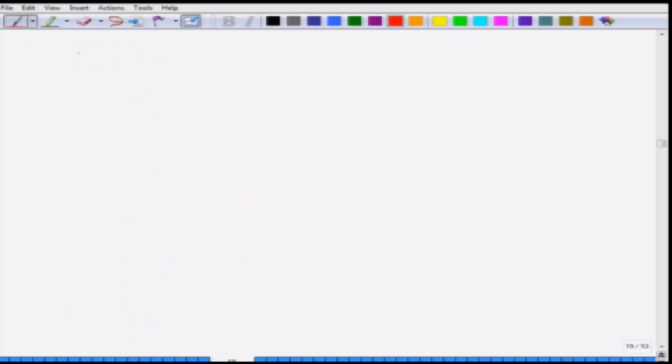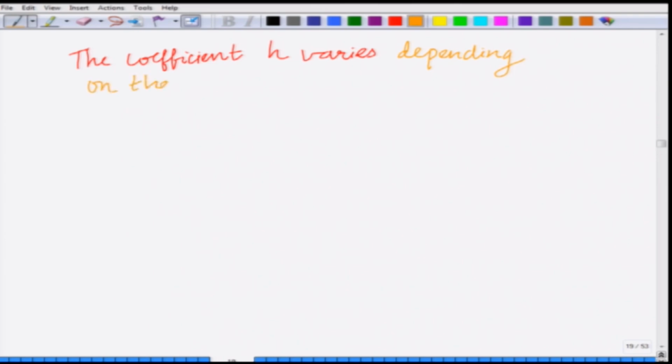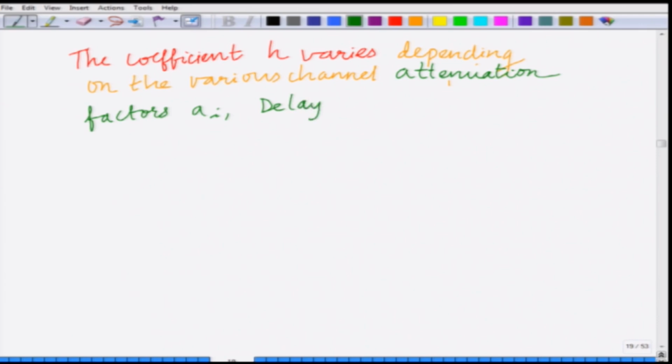So, the coefficient h varies depending on the various channel attenuation factors ai and the delays tau i, all right.